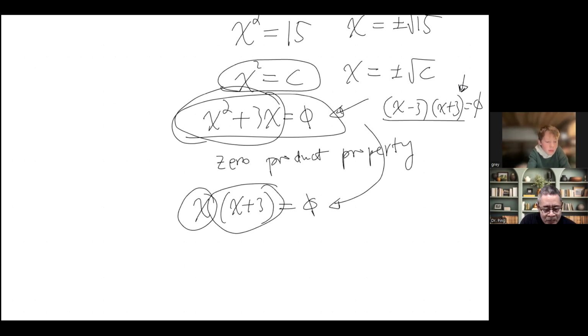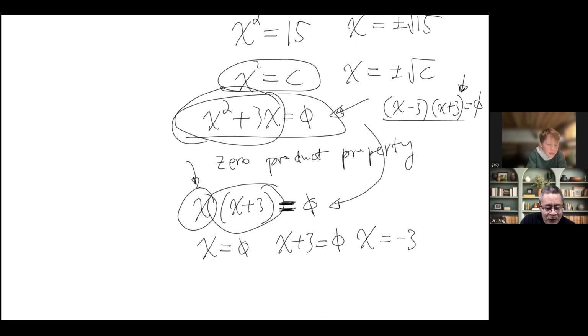So in order for the equation to be true, either x equals 0, because if x equals 0 it doesn't matter what happens to x plus 3, since 0 plus 3 is 3, and 3 times 0 is 0, or x plus 3 equals 0, which means x equals negative 3. So again, we got two solutions: either x is 0 or x equals negative 3. Okay?